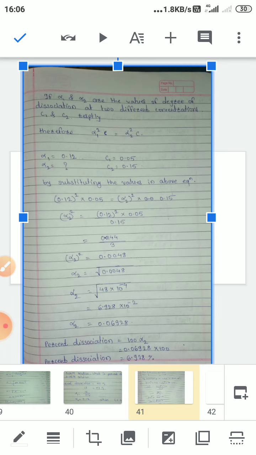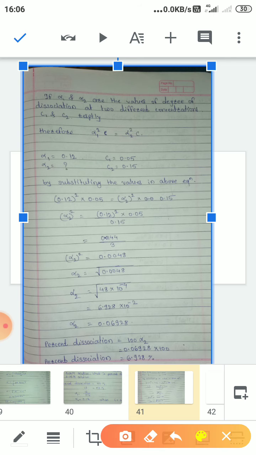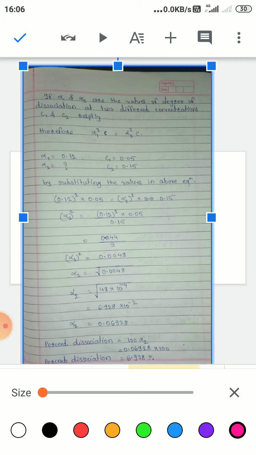Okay, so first convert this figure into 10 to power. Therefore 0.0048 will convert into 48 into 10 to power minus 4, so as to take the square root very easily.